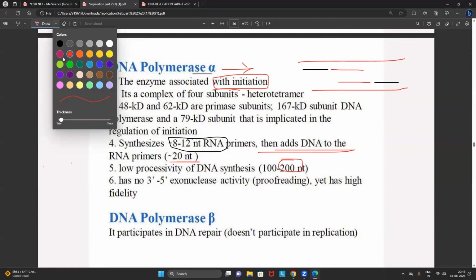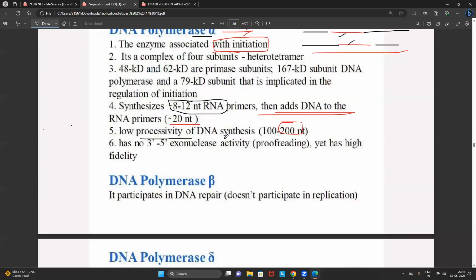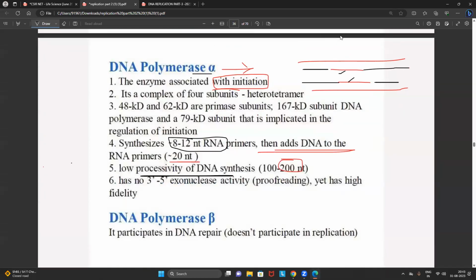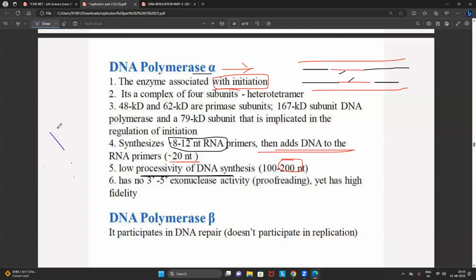So later, alpha is replaced by what? The versatile enzyme delta. Why can polymerase alpha not continue? The reason is very simple: low processivity. When I use the words low processivity, it means, friends, polymerase alpha is not associated with PCNA.